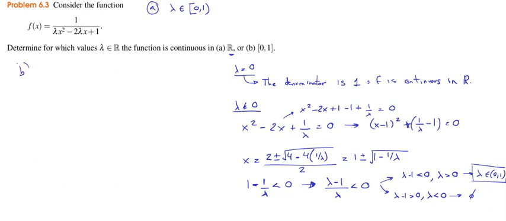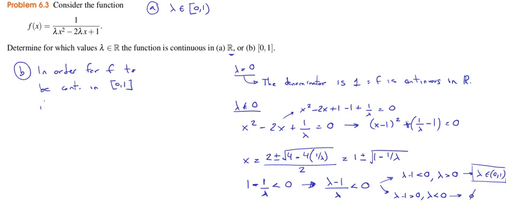So part B says f is continuous in (0, 1). In order for f to be continuous in (0, 1), there are two possibilities.